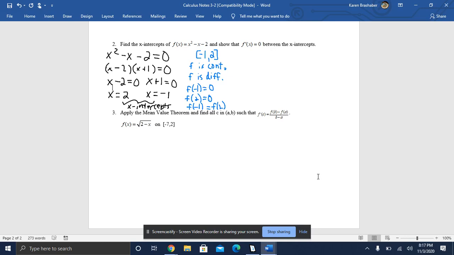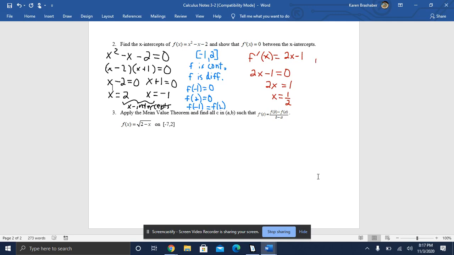So if we do our derivative, f prime of x is equal to 2x minus 1. And if we take 2x minus 1 and set that equal to 0, we get that x is 1/2. And we can look to see, is 1/2 in the interval between -1 and 2, and yes, it is.